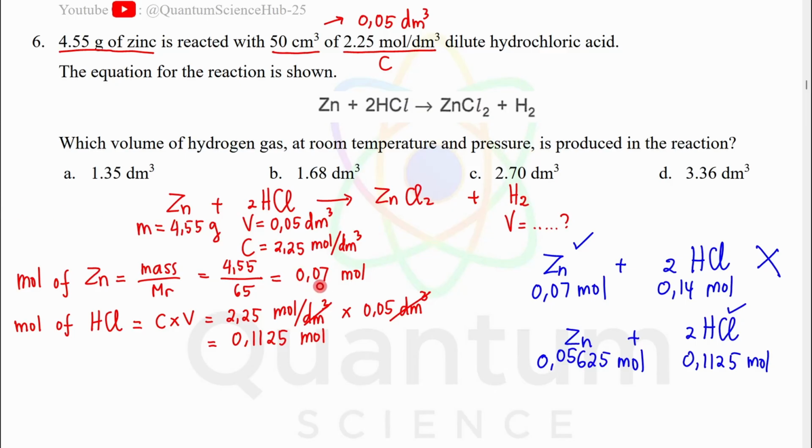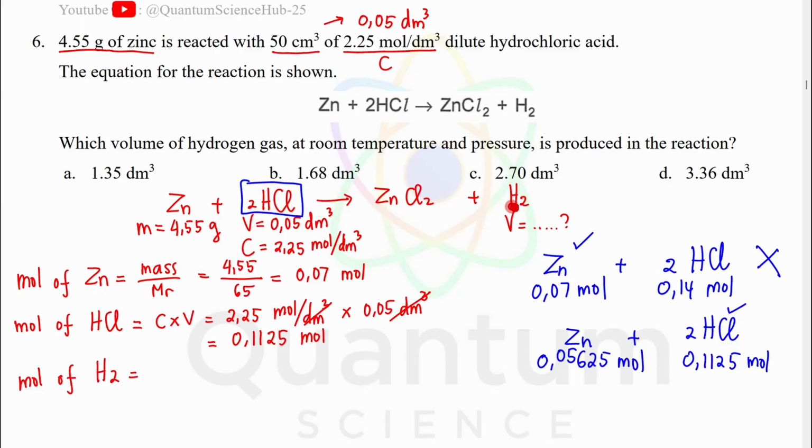But in here, I have 0.07, so it is more than enough, right? So in this case, I will take HCl as the reference. Okay, HCl is the reference and I'm using this as the jumping mole to find out the mole of H2, right? Okay, so this is 2:1.